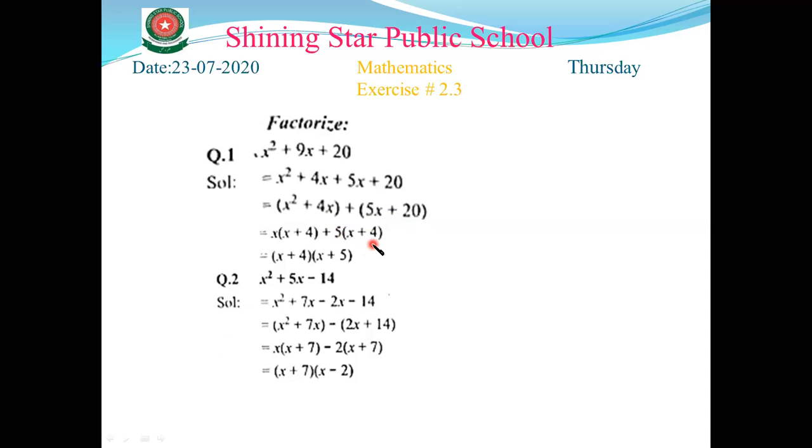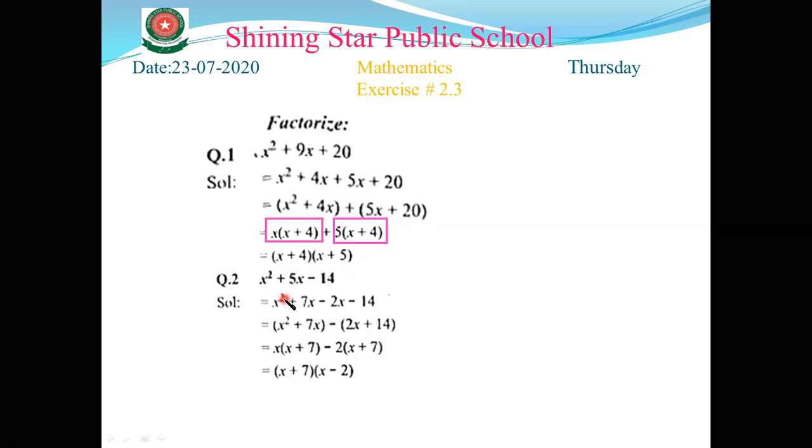Now we know that x plus 4 is common, so we take x plus 4 common. When we take the common x plus 4, here we get x plus, and from the other term we get 5, which is your required answer.